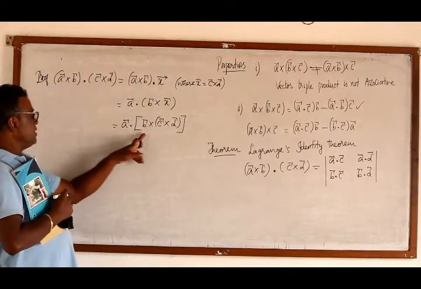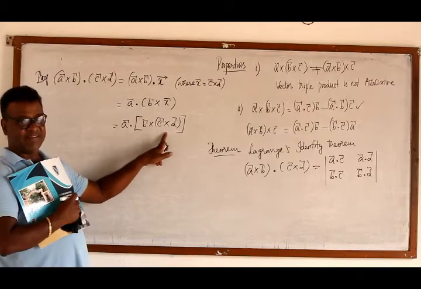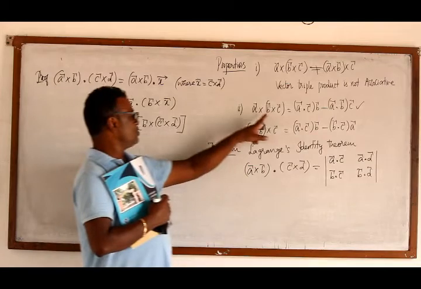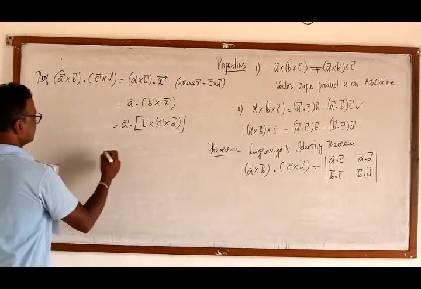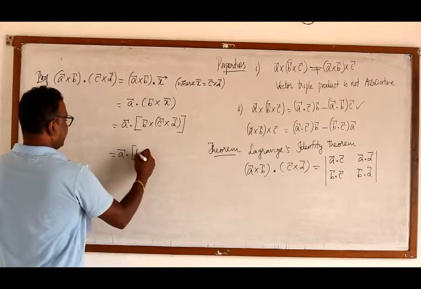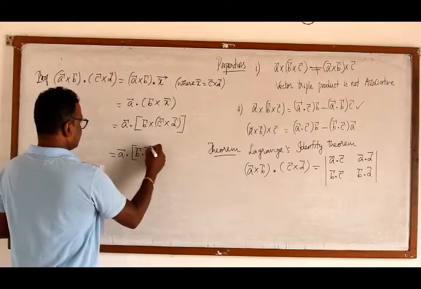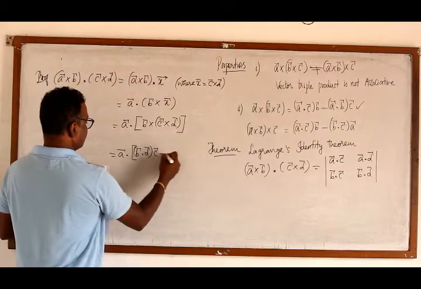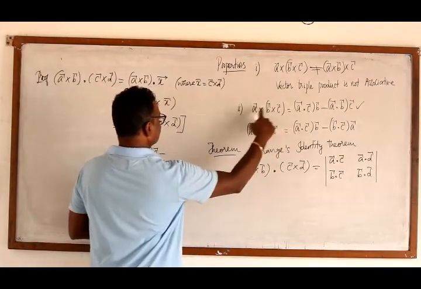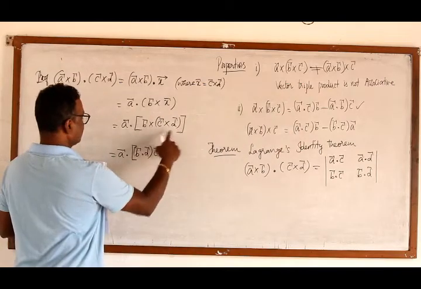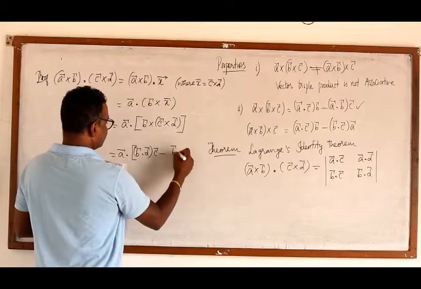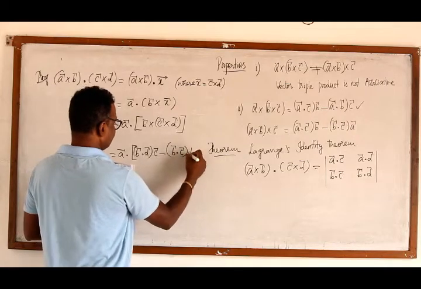Now see, here I have a vector product of three vectors, so I can apply this theorem where the bracket comes in the second place. So it is equal to A dot [(B dot D) into C minus (B dot C) into D].